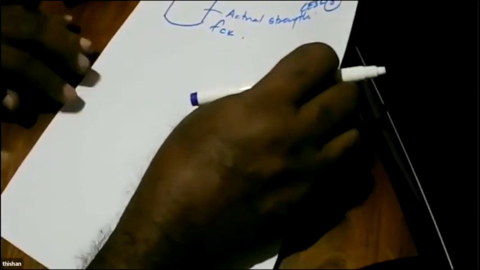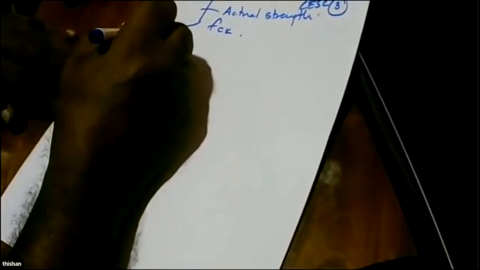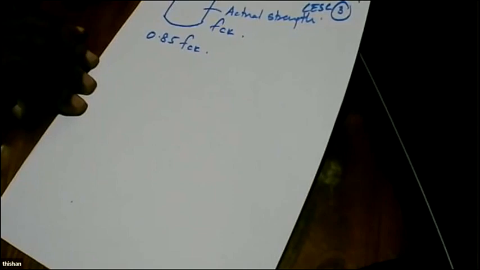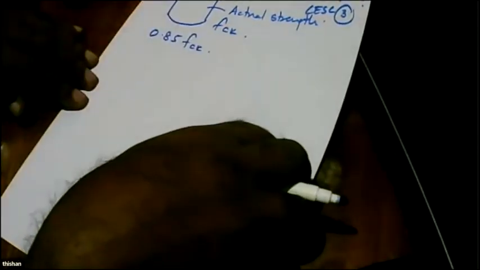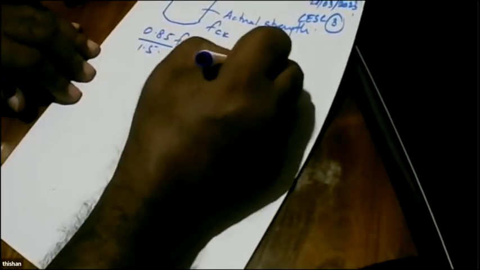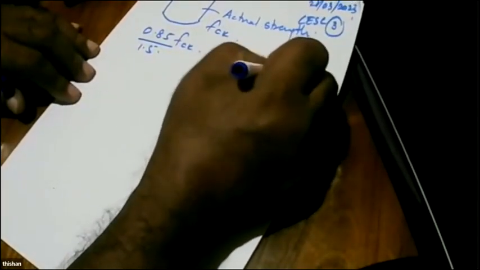So what actually happens is, we also get 0.85 times FCK when you are relating the cylinder strength in compression to cylinder strength in flexion. You get this, and then when you divide by 1.5, you get 0.567 FCK.